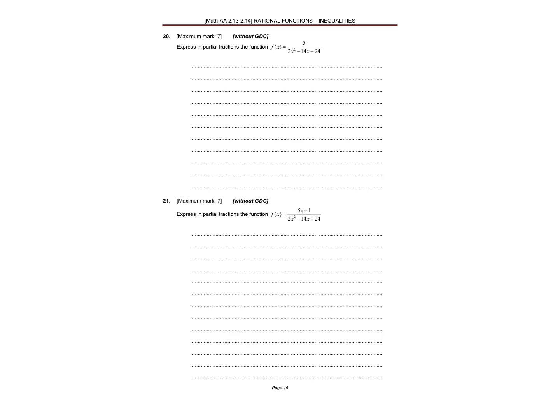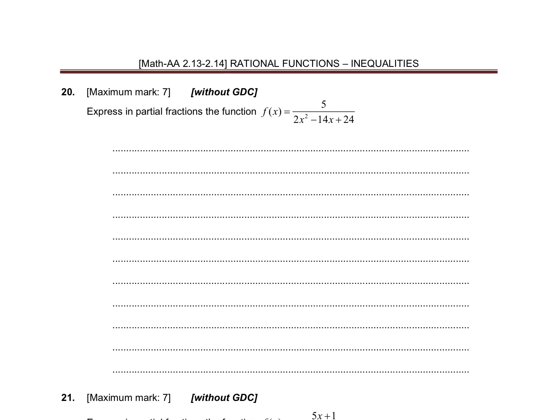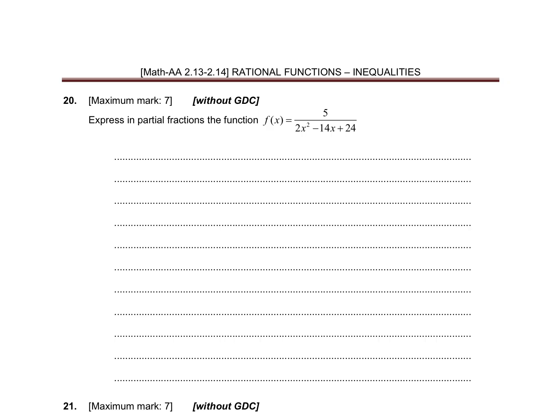All right, if we want to express in partial fractions the function, the first thing we need to do is factor the bottom. So we're going to have f of x equals 5 over, I'm going to pull out a 2, and that's going to be x squared minus 7x plus 12.